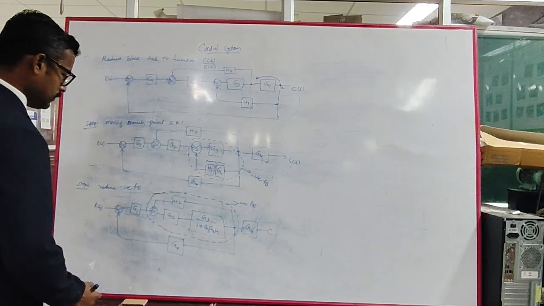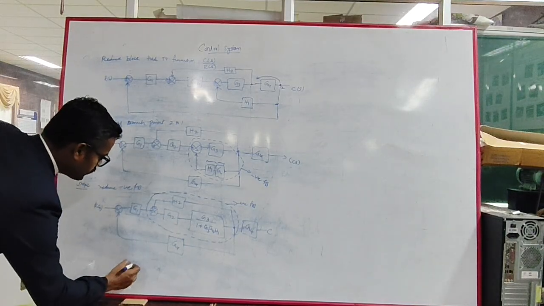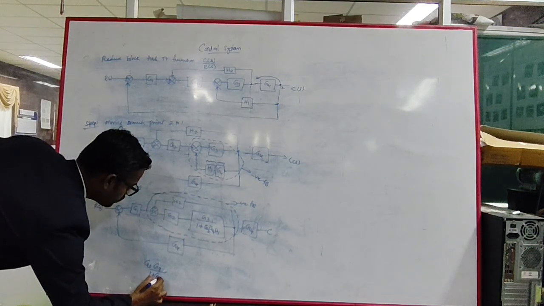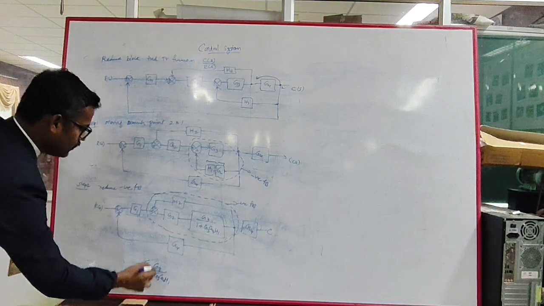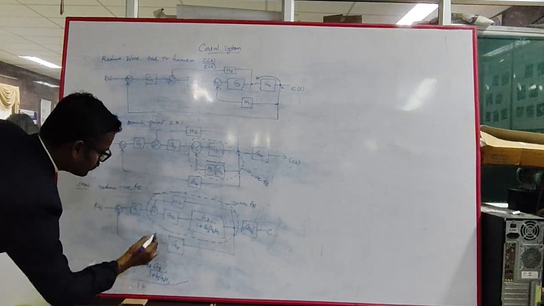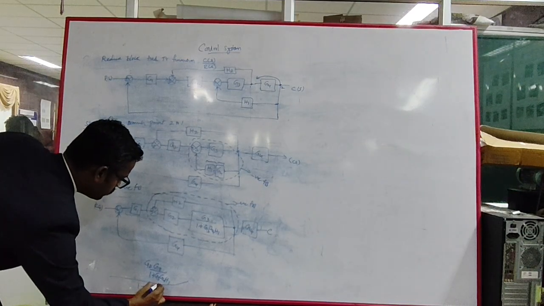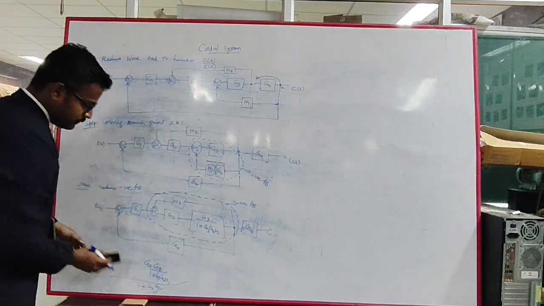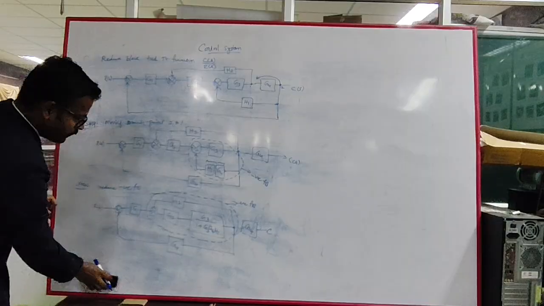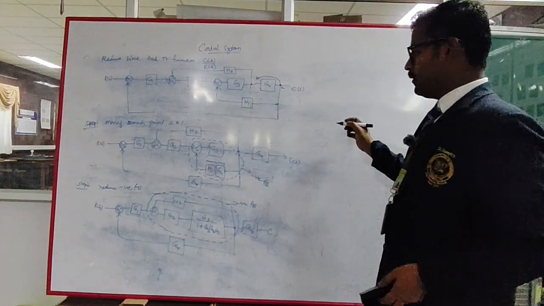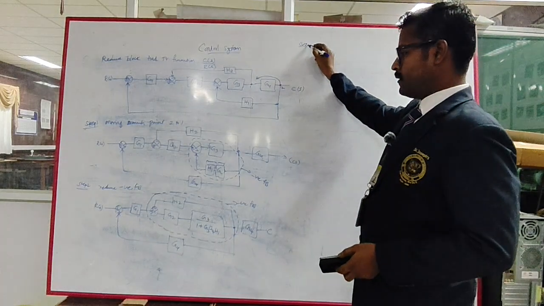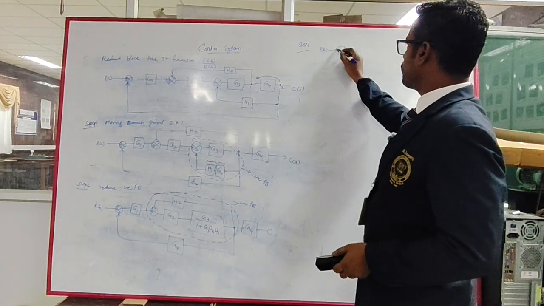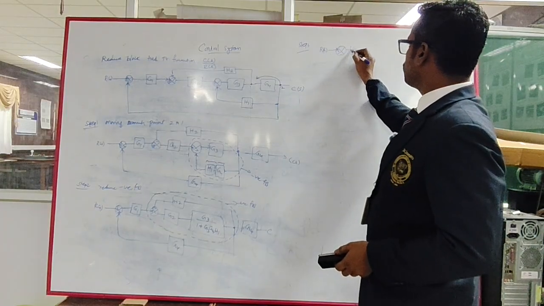So what we will get is the forward path, that is, the reduced block diagram is G2 G3 divided by 1 plus G3 G4 H1, the whole divided by 1 plus the same thing, G2 G3 divided by 1 plus G3 G4 H1 into H2. So in step 3, we'll get R of S, plus minus G1.